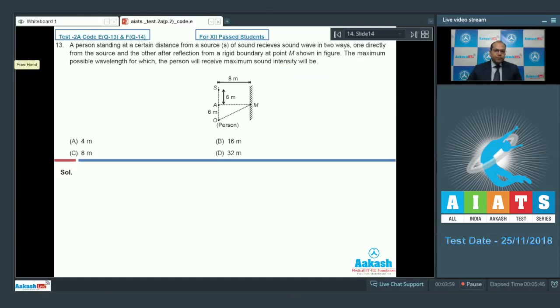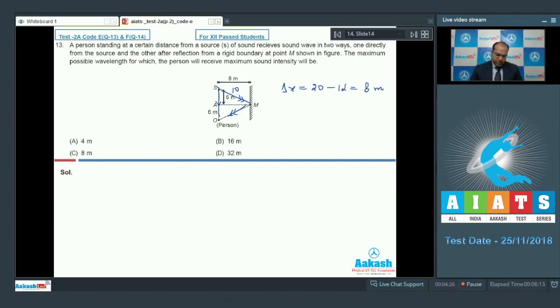So if I calculate the path difference between these two waves, one is this and the other which is coming in this way, then the path difference delta x can be written as: this separation is 6, this is 8, then this separation is 10. So 10 into 2, 20 minus 12. So it comes out to be 8 meter.